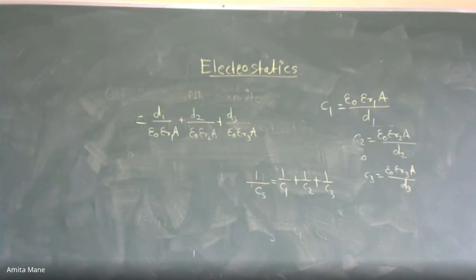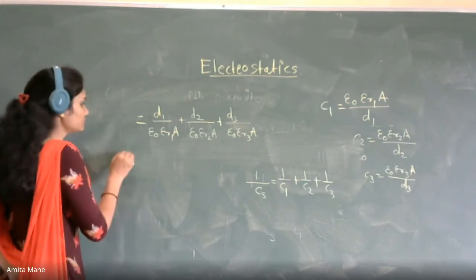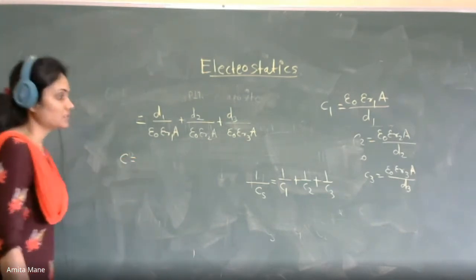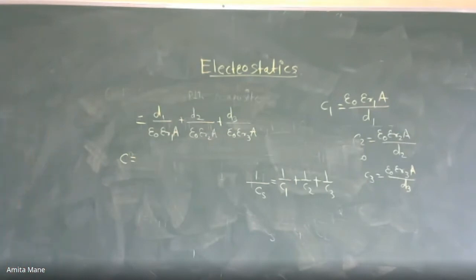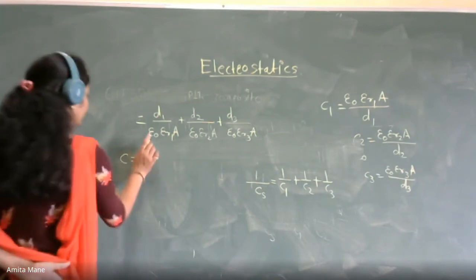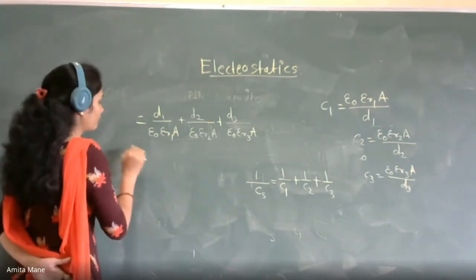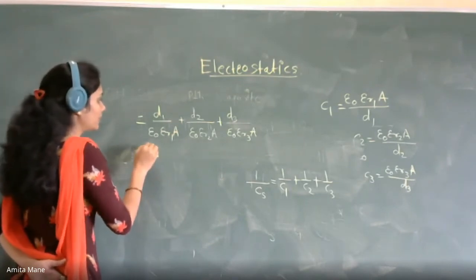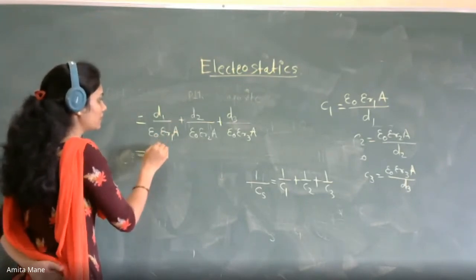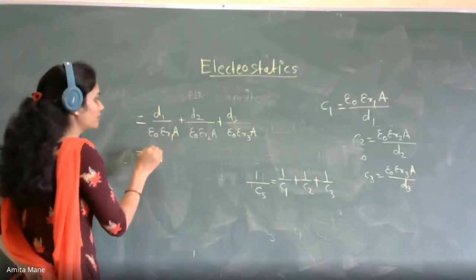Okay. Now suppose I want C. C कैसे कैलकुलेट करोगे बेटा? I am taking 1 upon epsilon naught A common.